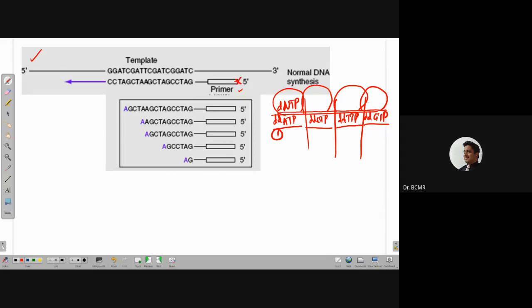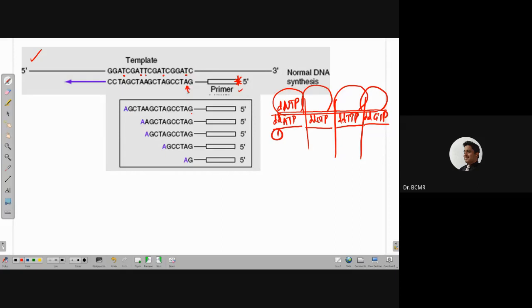Remember that you take the primer and use polynucleotide kinase and end label it with gamma-P32 ATP, and then you allow the reaction to happen, the polymerase reaction. So the primer may start with G. Anywhere there is a T in the template, there is a possibility for addition of A.